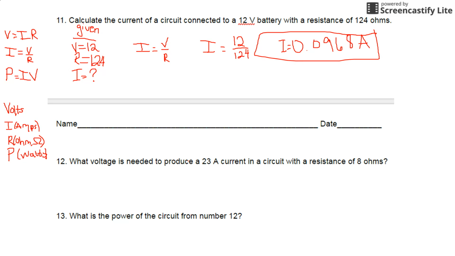All right, moving on to number 12. It says what voltage is needed to produce a 23 amp current. So that means I equals 23, in a circuit with a resistance of 8 ohms, so R equals 8. My question asks what voltage, so V is a question mark. Since I'm finding V, I'm going to use this top one: V equals IR.